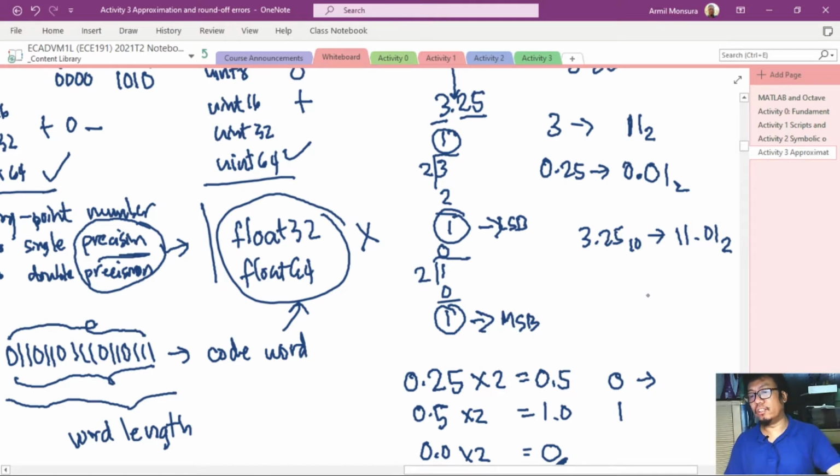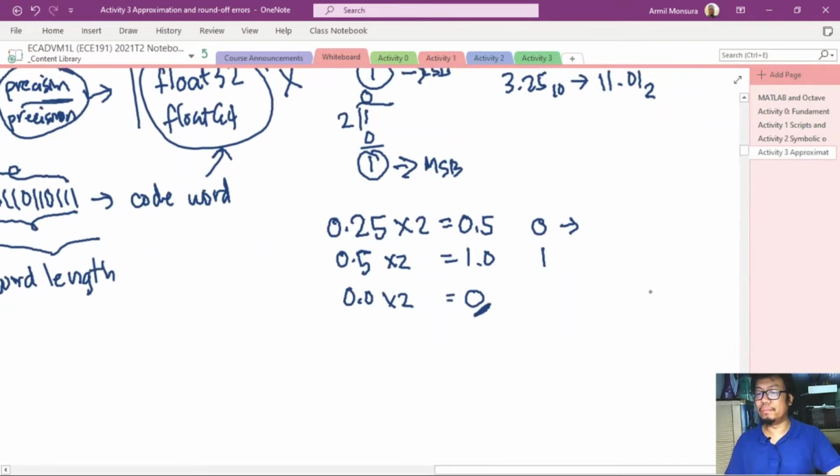Here's the idea. If you look into this process, never mind the whole number, but let us mind this fractional part. We will only be able to stop the multiplication process if the answer here becomes 0.